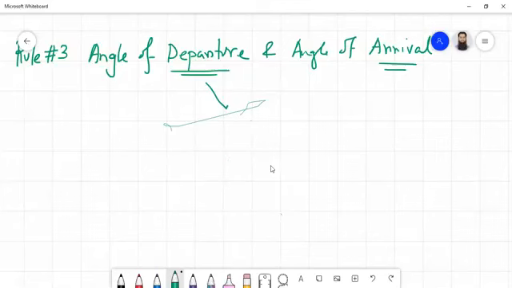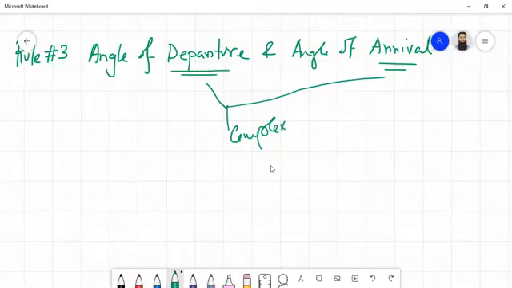Sorry about this. Sometimes the stylus doesn't work as it should. So these are related to complex poles and zeros. What does it mean actually? Let us go to the intuition first.